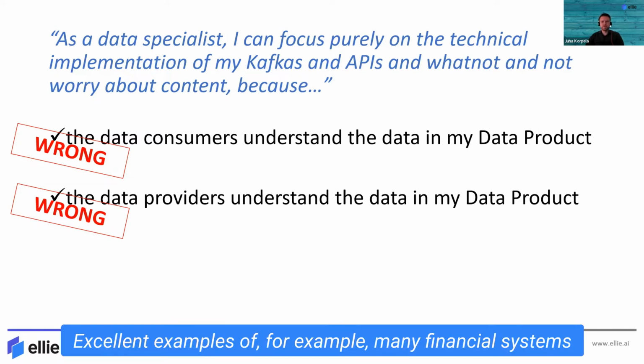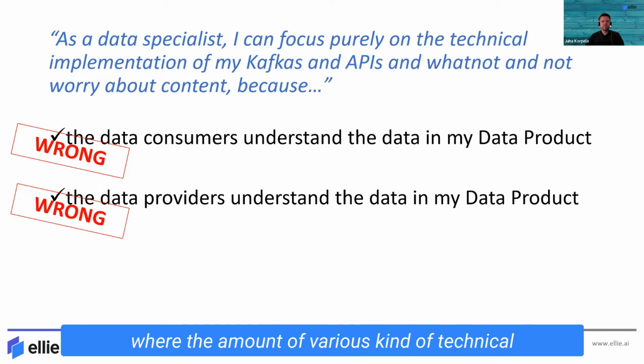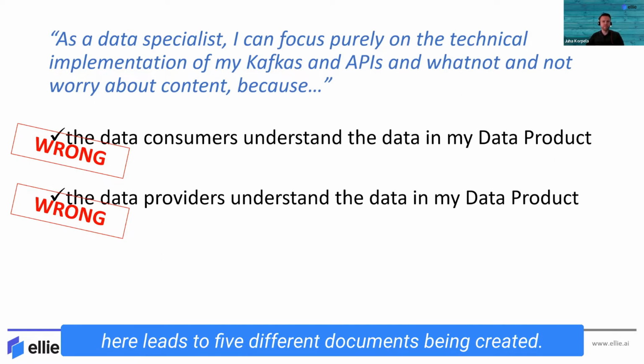Excellent examples are many financial systems where the amount of various technical financial documents created by an action that I would consider a single transaction is staggering. And it takes a certain kind of mind to be able to understand that your action here leads to 5 different documents being created.